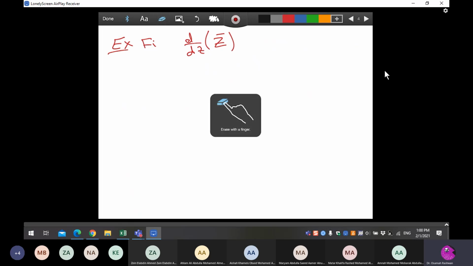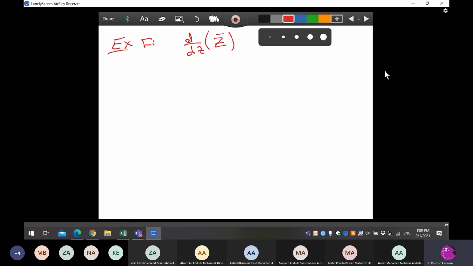If I am asking you, find d by dz for z bar, what are you going to do? You don't have such a case in the real function, right? Do you? Of course not. But I know the definition of d by dz for any f of z.